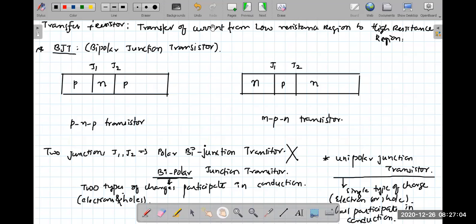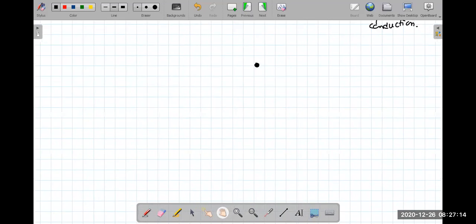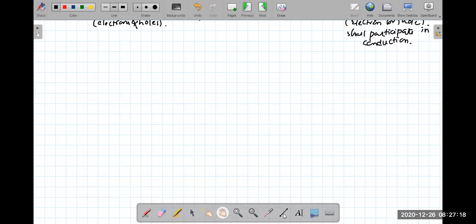Now coming to here, we need to particularly talk about this transistor. Let's try to understand it in detail. Let's talk about the parts of this transistor in detail.